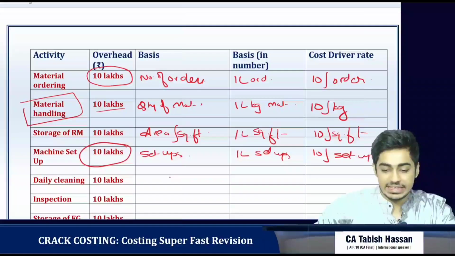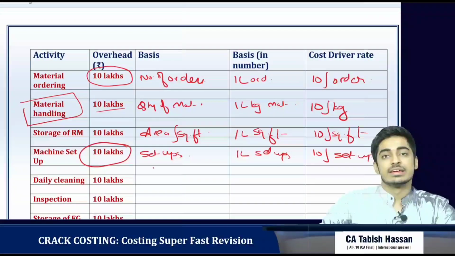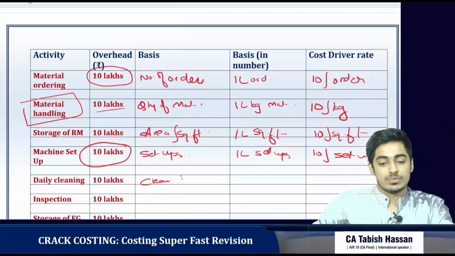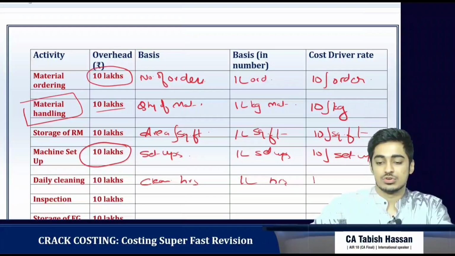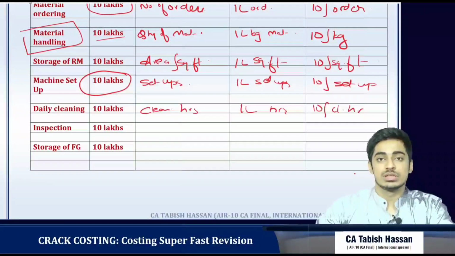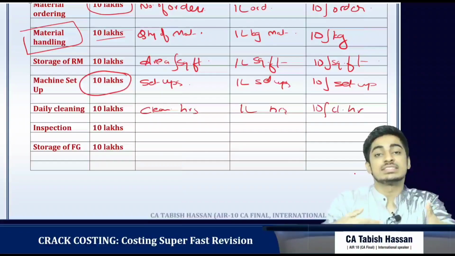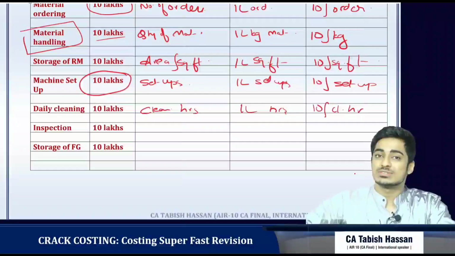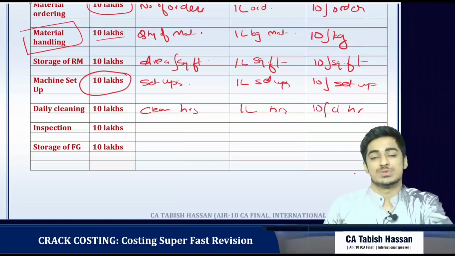And daily cleaning, what is it based on? It is based on the hours spent. So if it's based on cleaning hours, say for example, we have spent 1 lakh hours on cleaning, so it will be 10 per cleaning hour. And inspection, what is the inspection cost based on? It is based on the number of tests conducted or number of inspections made, or it can also be based on number of goods which we have inspected.